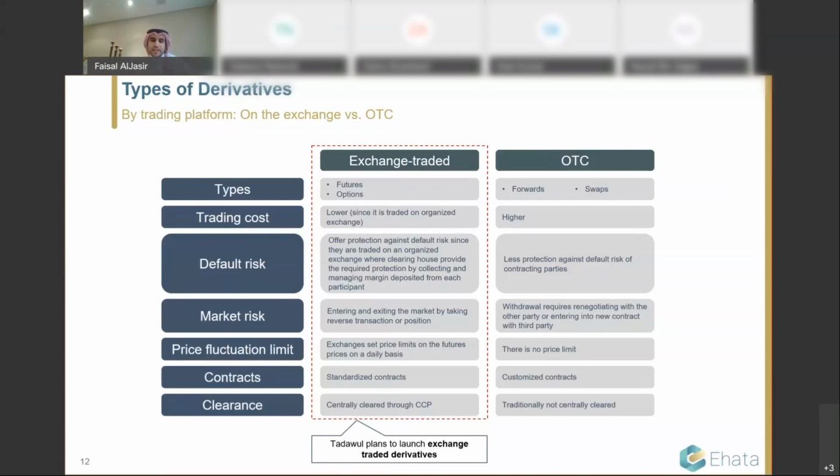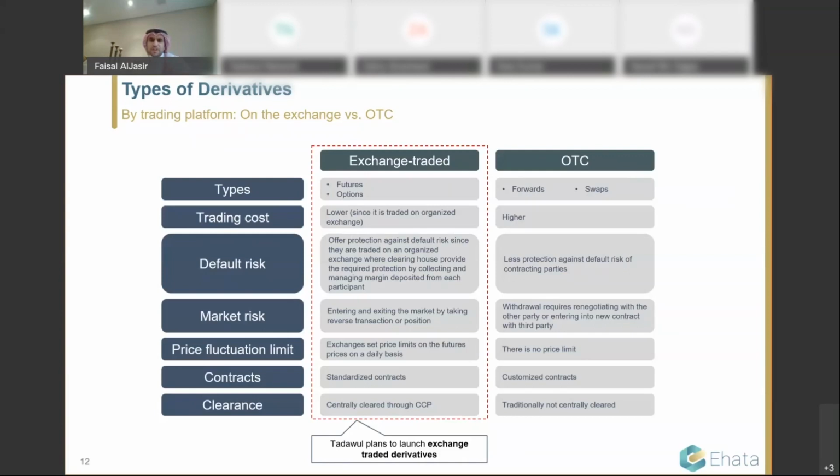That document provides netting of obligations. It also comes with a credit support annex, also called CSA, which manages the collateral requirements, but it is still providing less protection, definitely, compared to exchange traded.